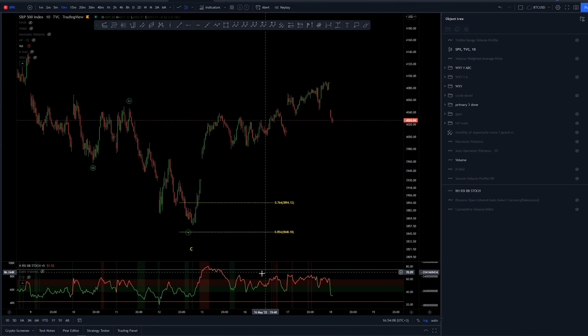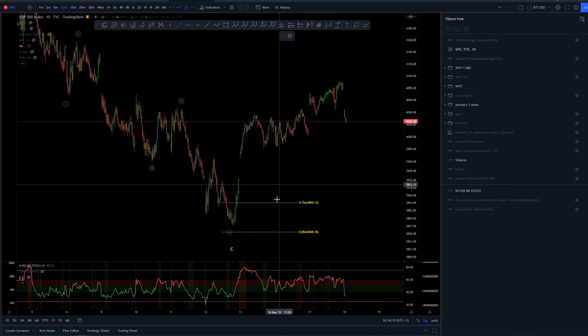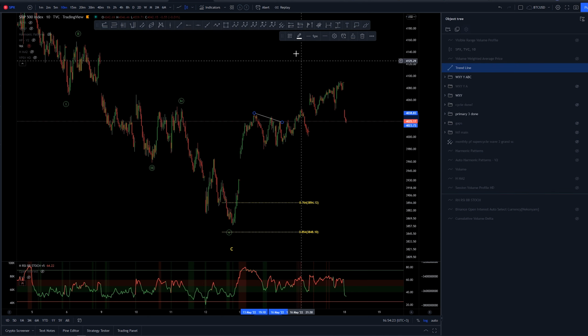Now something else that I can spot straight away here is a possibility for some kind of triangle here.